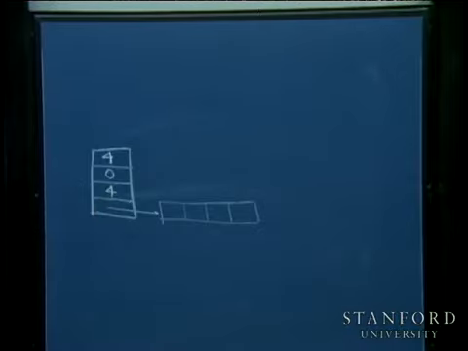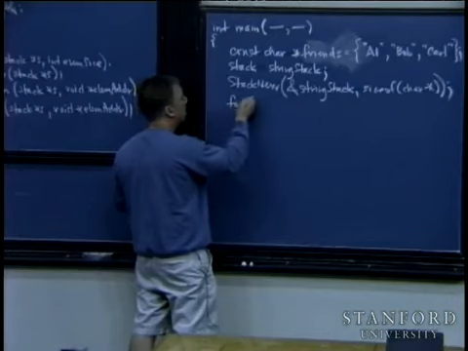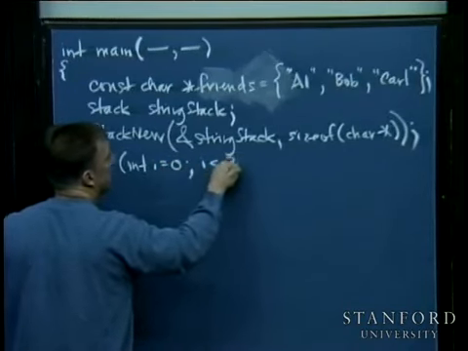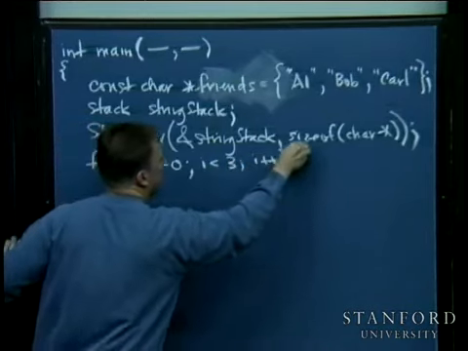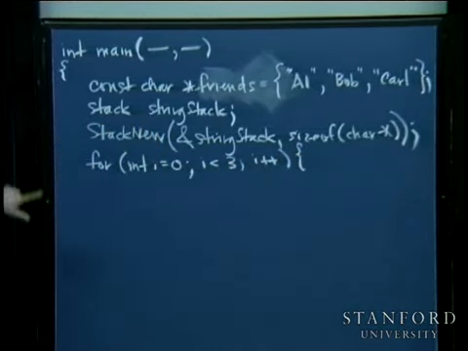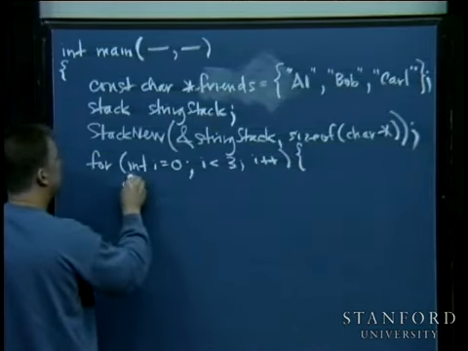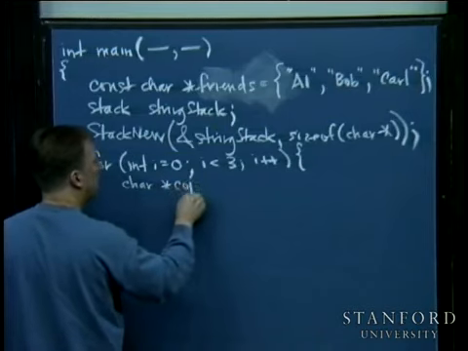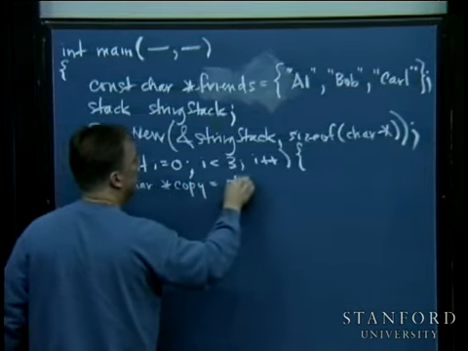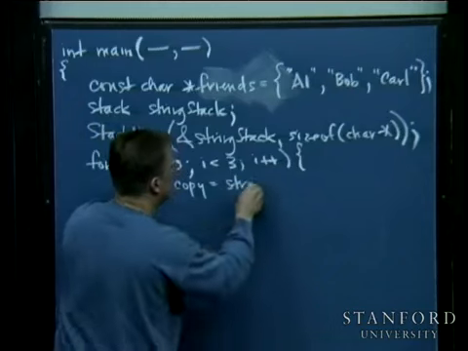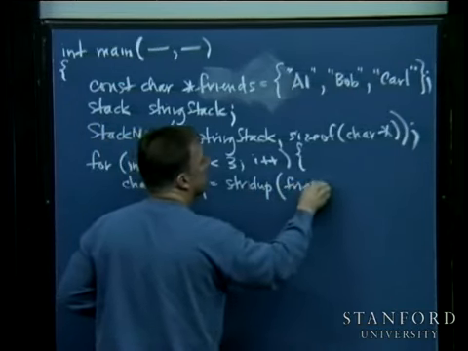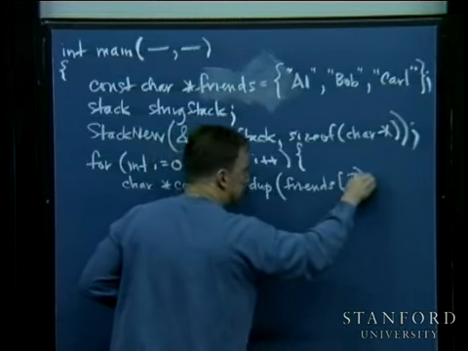What I want is a for loop from i equal to 0, i less than 3, because I want to make a copy of each one of those strings. I do this: char star, I'll call it copy, is equal to strdup of friends of i.